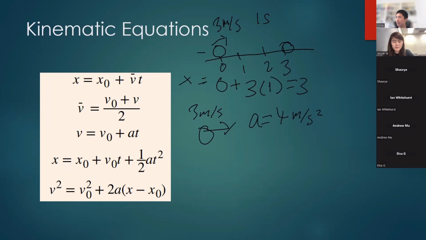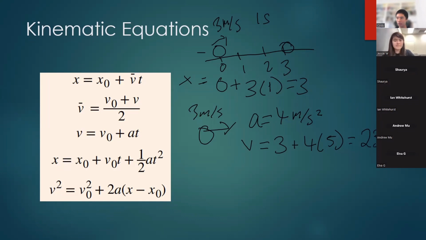That means for every second the rock is gaining 4 meters per second. It's becoming faster, right? So if we wanted to find the velocity after 5 seconds, we take the initial velocity and add the acceleration times the time. That would be equal to 23 meters per second.